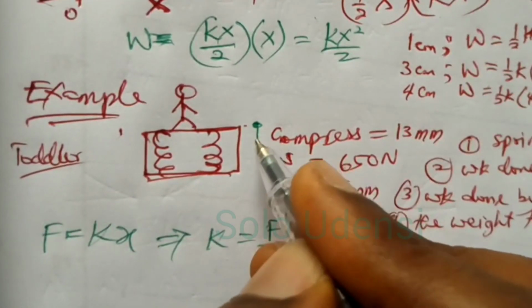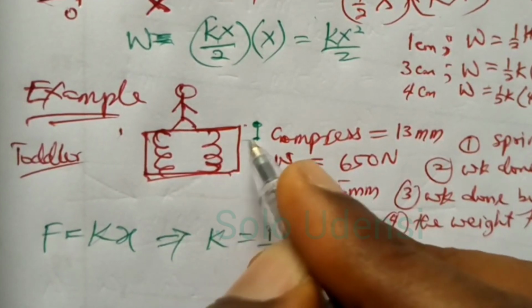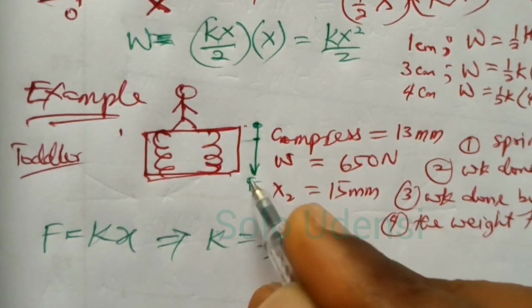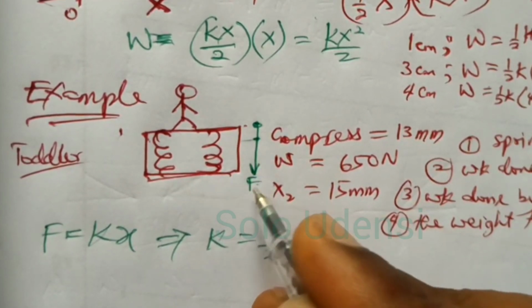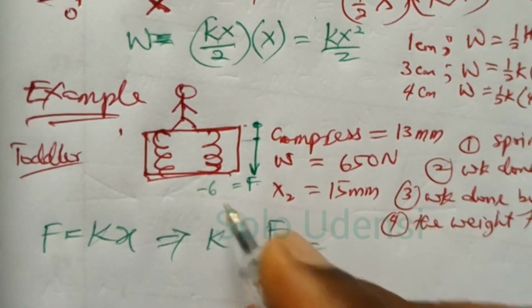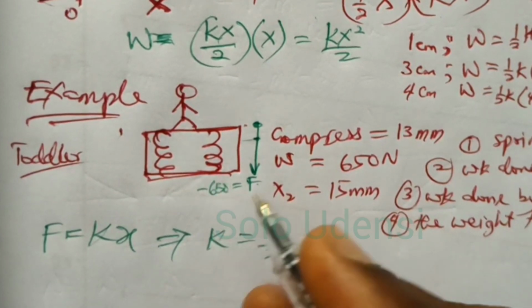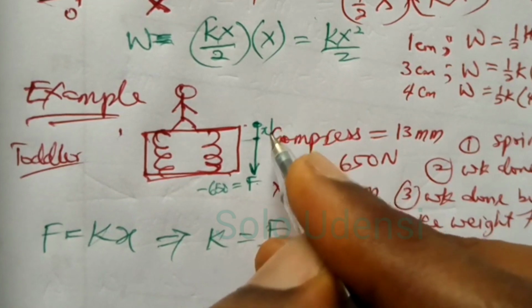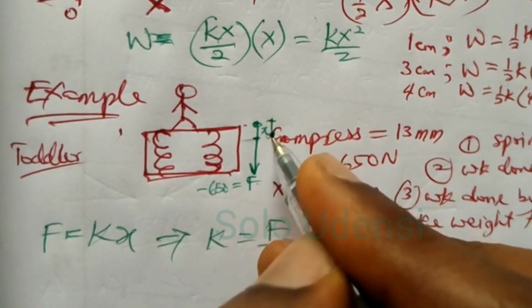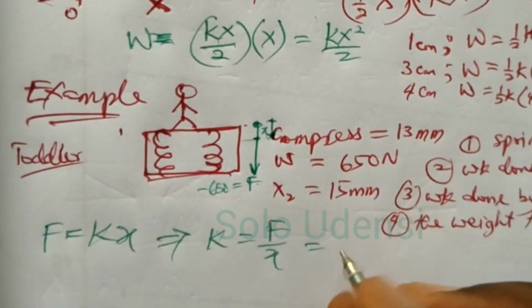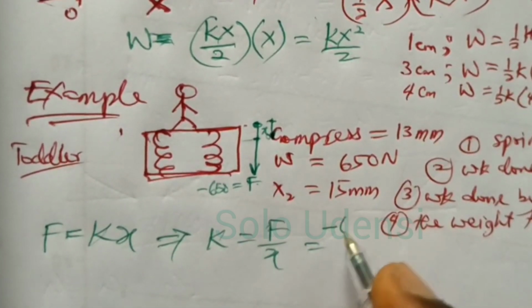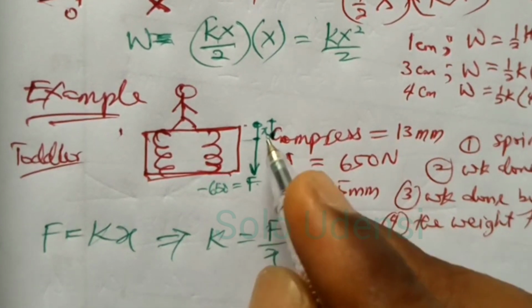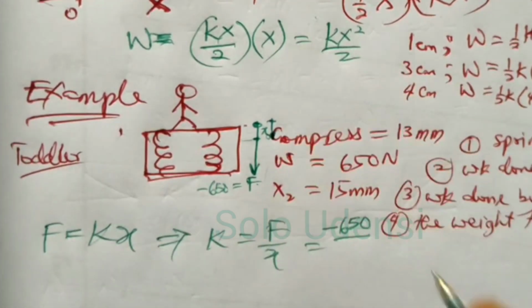The x will be here because it will be depressed, and the weight is acting downward. Force is negative, equal to minus 650 Newton. So our F is negative because it's coming down, and our x is compression.